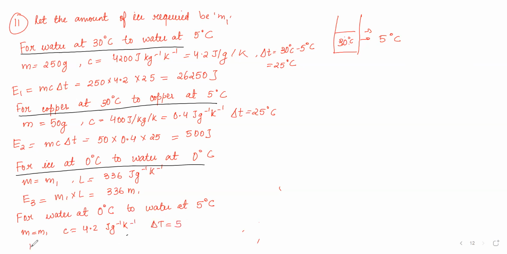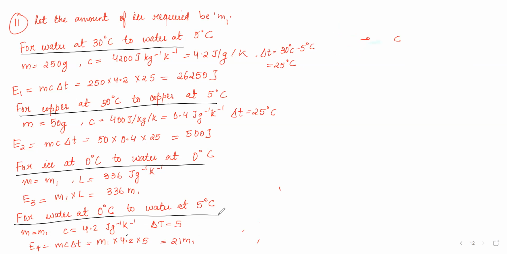So E4 here will be equal to MC delta T, which is equal to M1 into 4.2 into 5. So this is 21 M1. Okay. So this is what you're getting. And now we'll just solve it up.